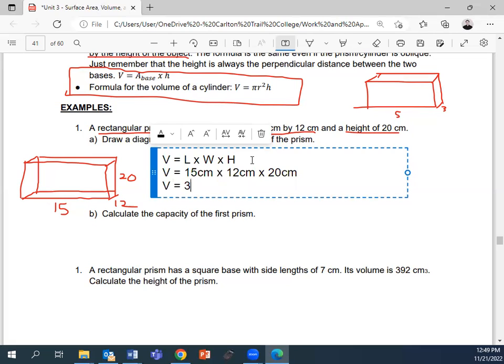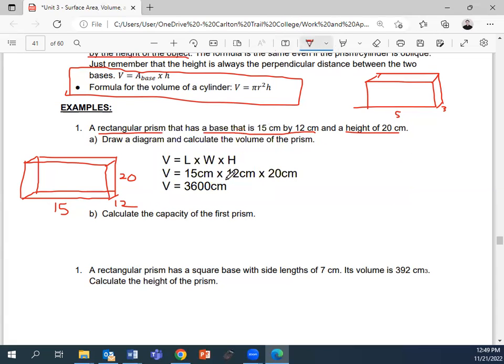So my V is 3,600 centimeters cubed, which is the little 3 here, because you're taking 3 of these centimeters and multiplying them together. That is the volume. This is how much stuff you can fit in that. If I was to pour water in there, I can fit 3,600 cubic centimeters of water.